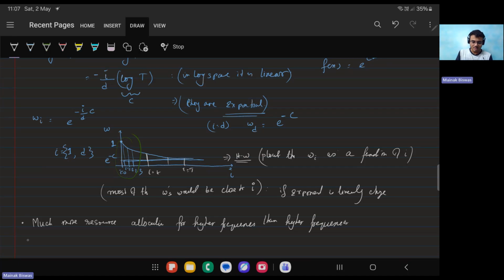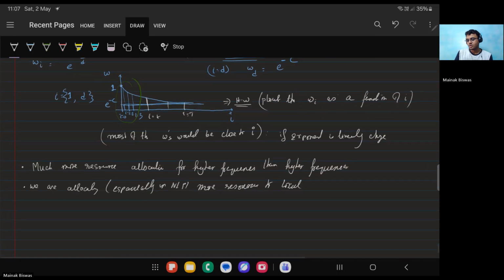It means that we are allocating, especially in NLP, more resources to local inference or local associations in text, in temporal space.